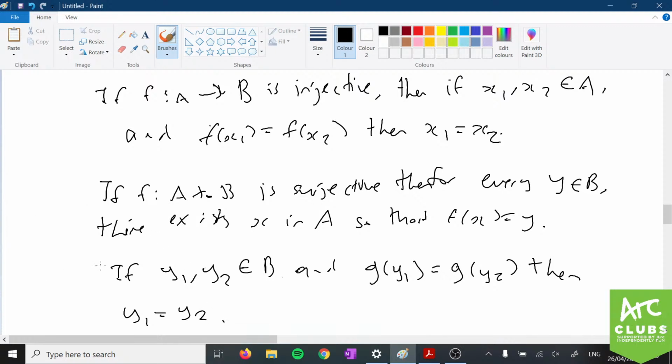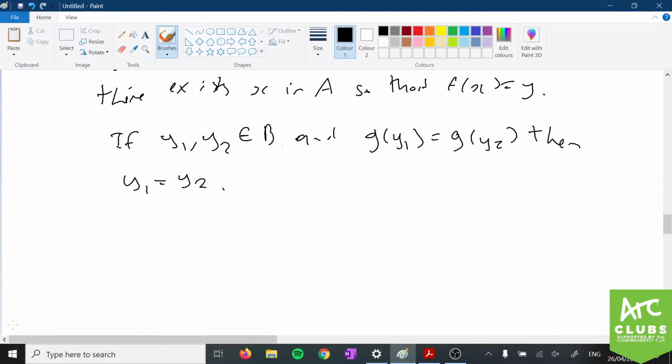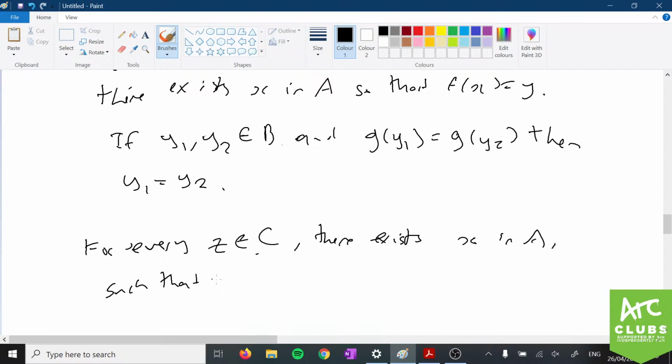That's the first fact, very formally stated. And the second fact was g composed with f is surjective, meaning for every z in C, there exists x in A such that g of f of x equals z. So I'll just label these.